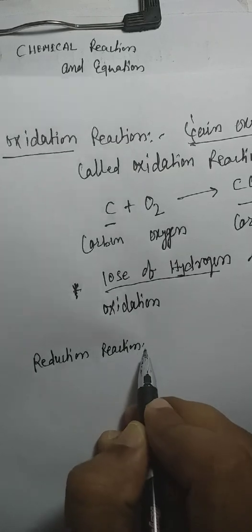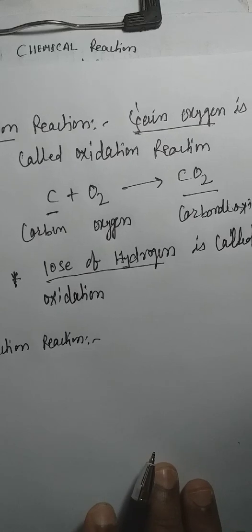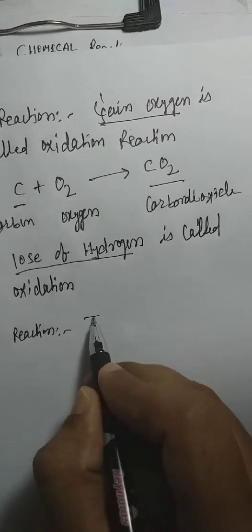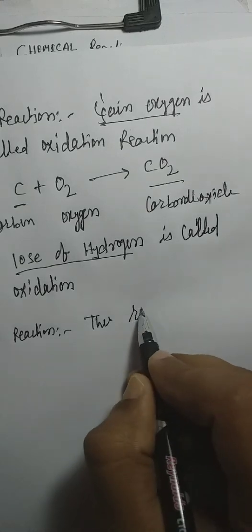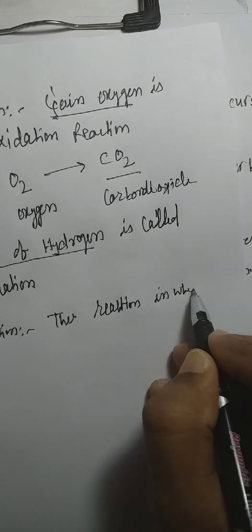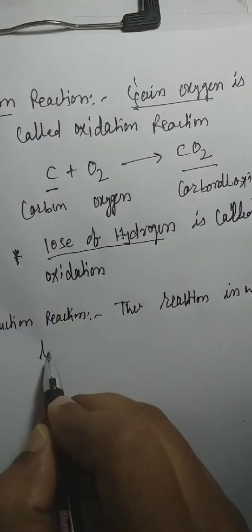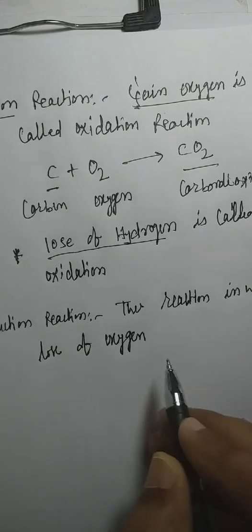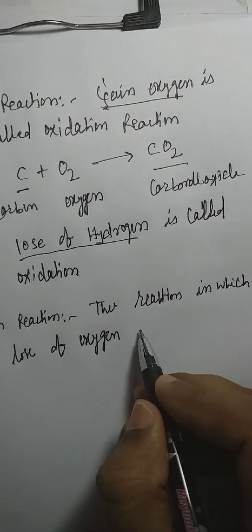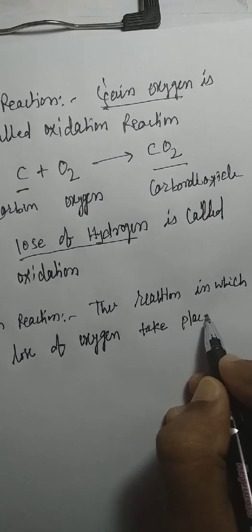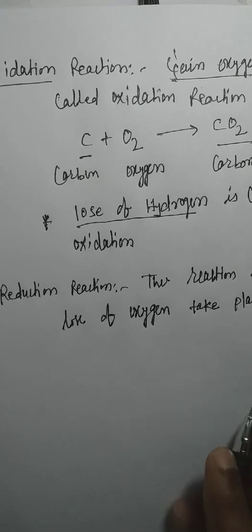In this, you have to write the reaction in which loss of oxygen takes place is called a reduction reaction. Memorize this.